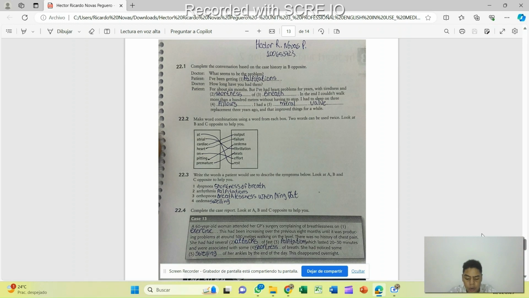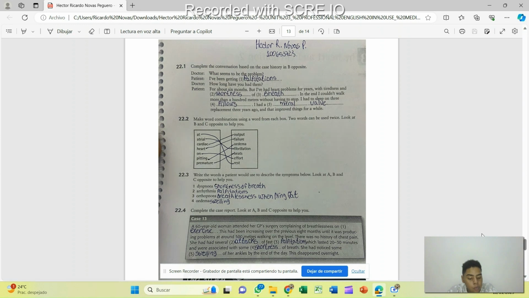Patient, for about 6 months, but I've had heart problems for years with tiredness and shortness of breath. In the end, I couldn't walk more than 100 meters without having to stop.